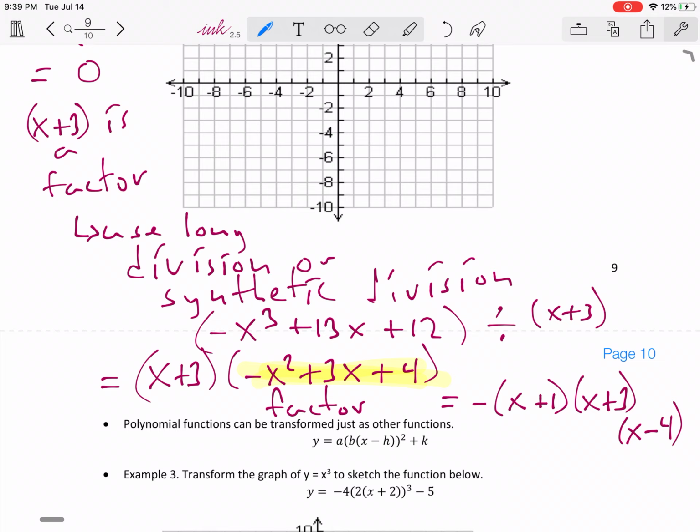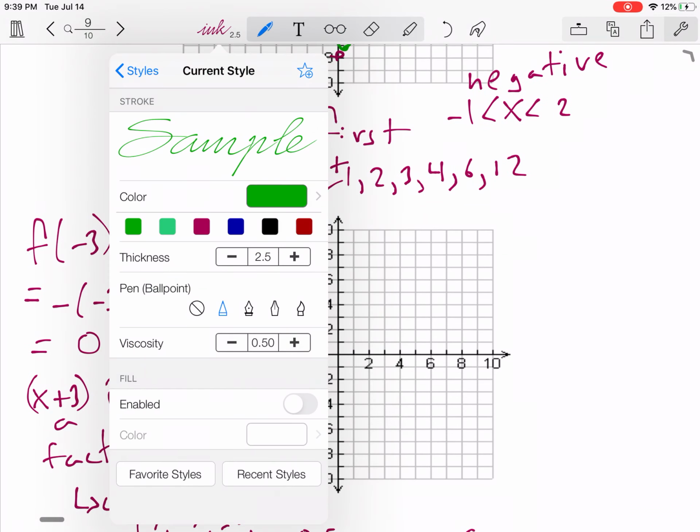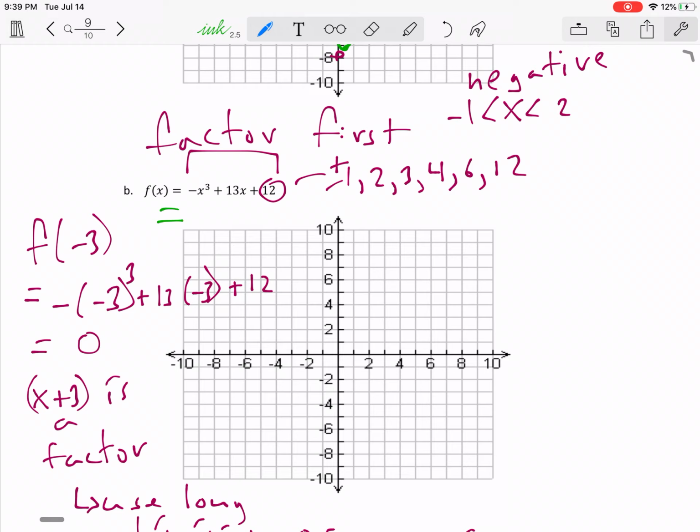Let's go back to the top here. This function then is equal to -(x + 1)(x + 3)(x - 4). That's what we just determined.